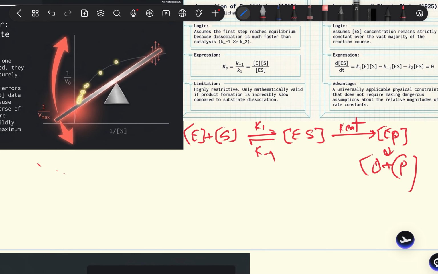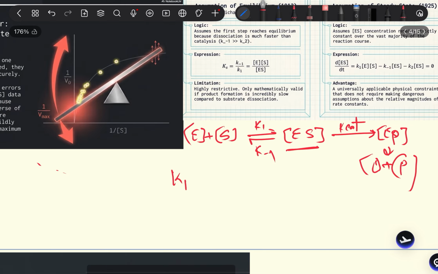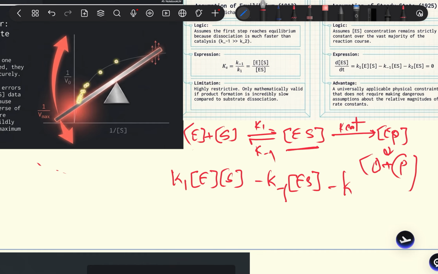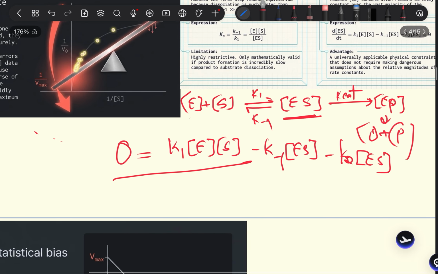So this equation that came into being, let's discuss this equation first. That K1, because the thing that is favoring this will be in positive sign, minus K minus 1 because it's going backward, minus, it is going away from ES, so it will also be minus, ES equals 0.